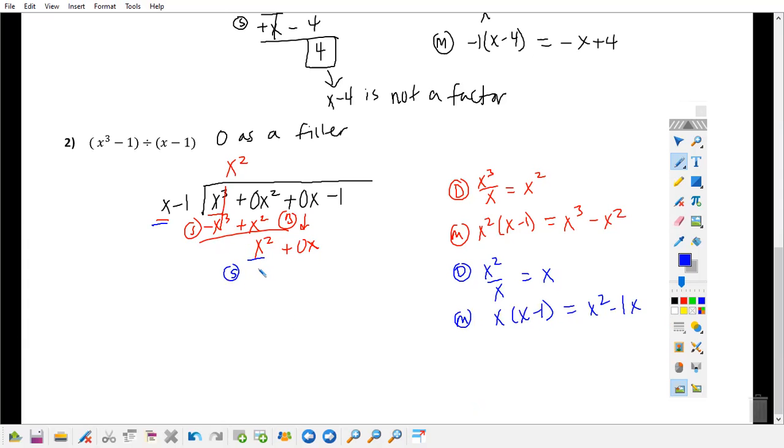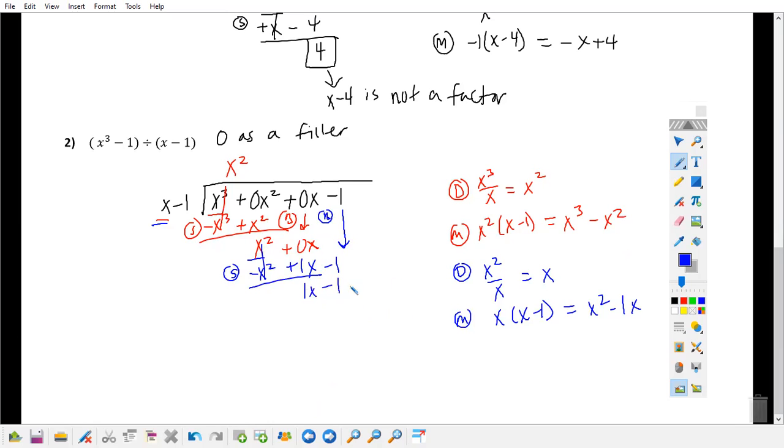So when we subtract, we get negative x squared plus 1x. And then we bring down. So I'm bringing down negative 1. Because this is going to cancel, and I'm left here. And I can do it again.